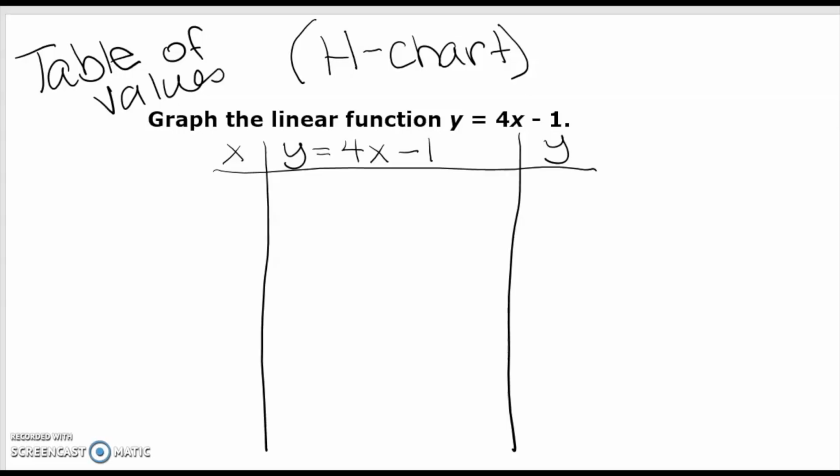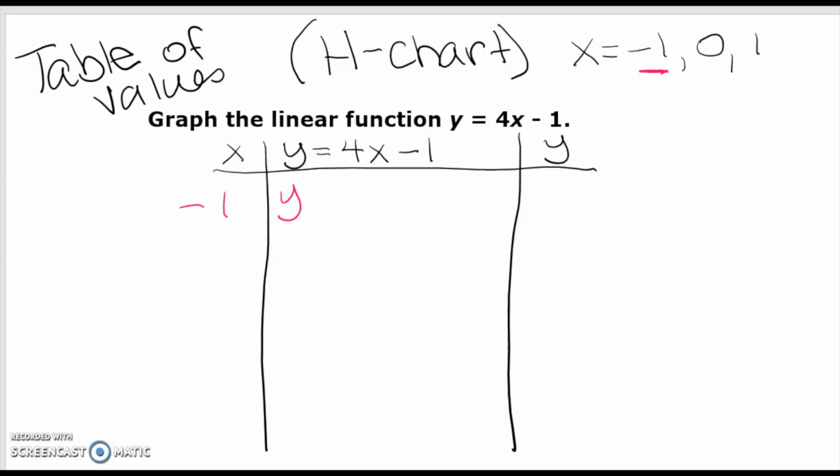But I don't want to have to draw a graph that's ginormous. So generally speaking, when I'm graphing, I like to use -1, 0, and +1. That just keeps my graph a lot smaller and manageable. So that's what we're going to practice. So the first thing I'm going to do is I'm going to plug in -1 for x.